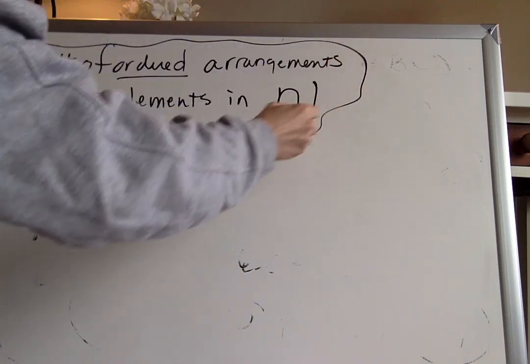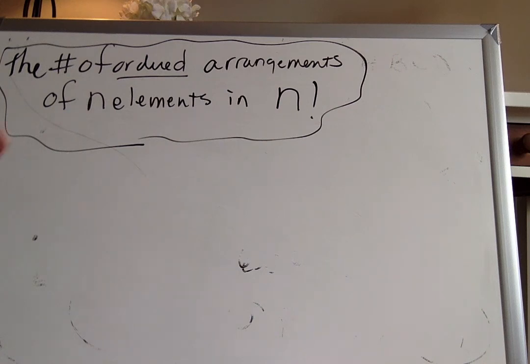It doesn't really have a name for the rule, but if you have n things and you have to order them all, the number of arrangements of n elements is n factorial.